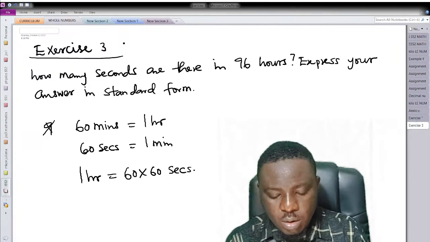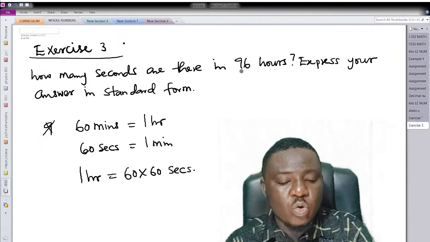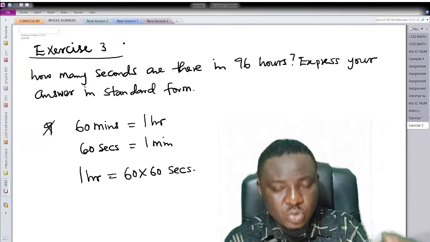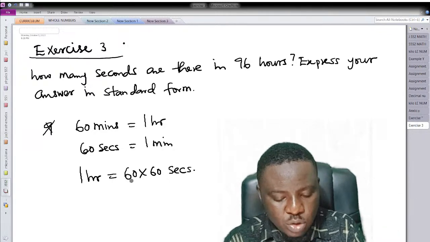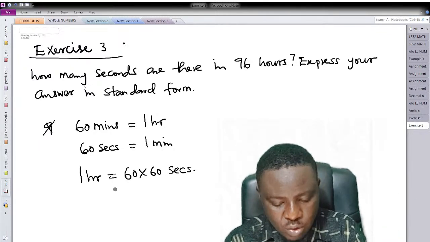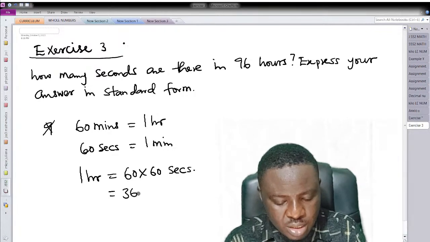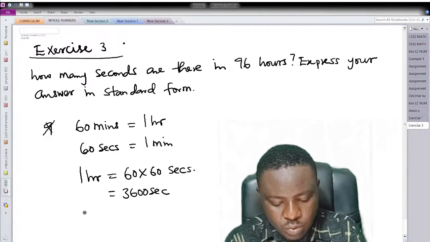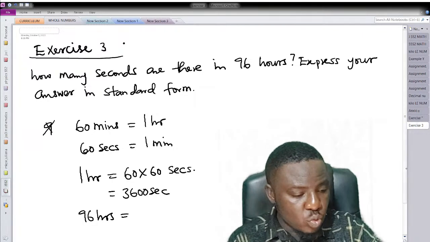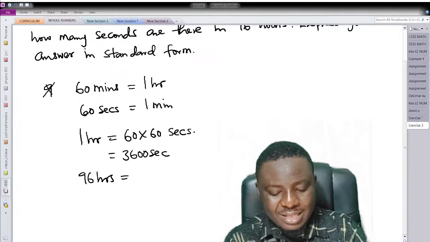But the question is asking us to convert 96 hours to seconds. So if 1 hour is equal to 60 times 60 seconds, which is equal to 3,600 seconds, then 96 hours will be equal to 96 times this.